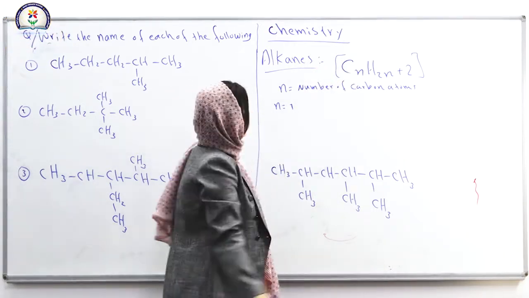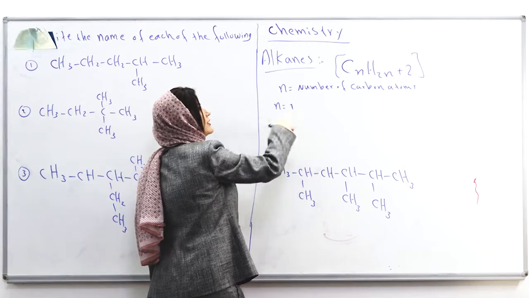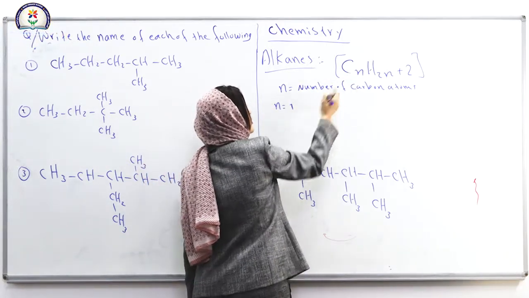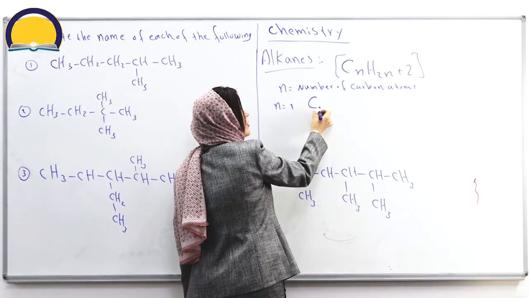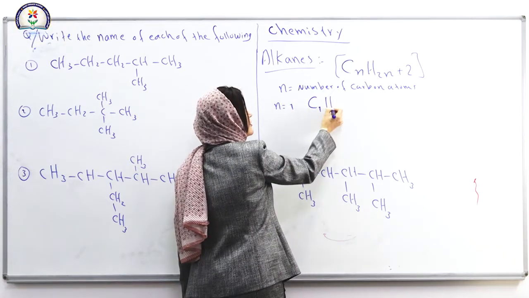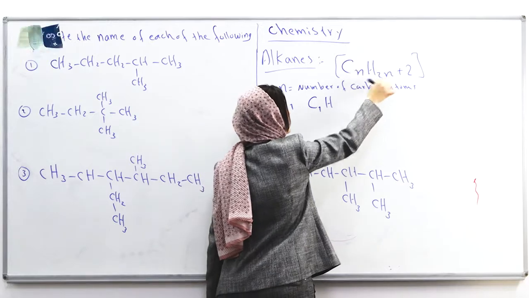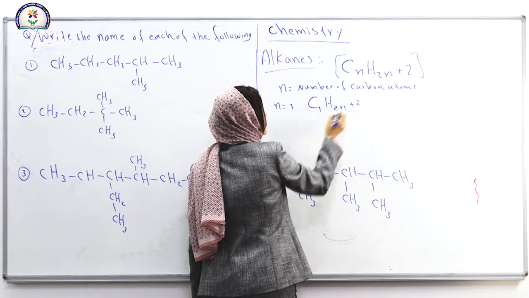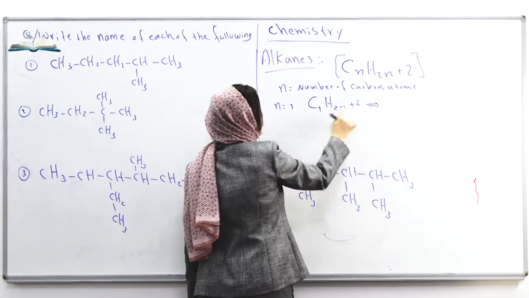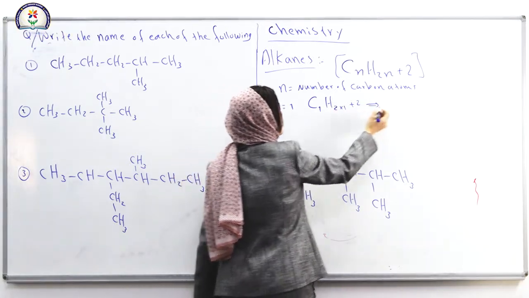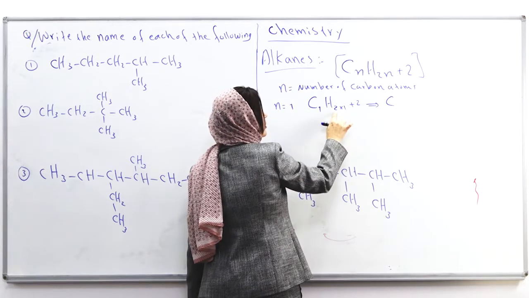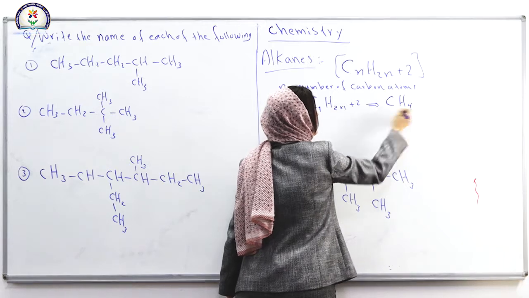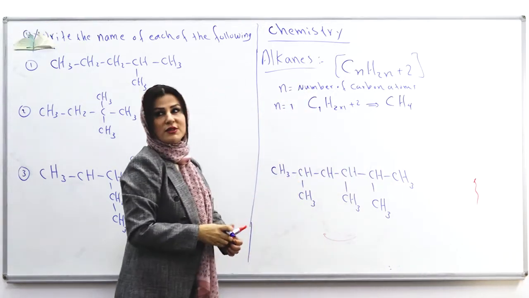If n equals 1, we have 1 carbon atom, and we substitute: C, 1 carbon, 2 times 1 is 2, plus 2, so the number of hydrogen atoms will be 4.